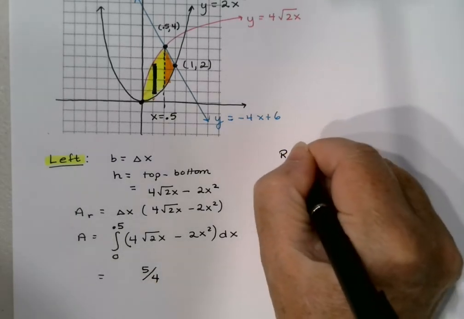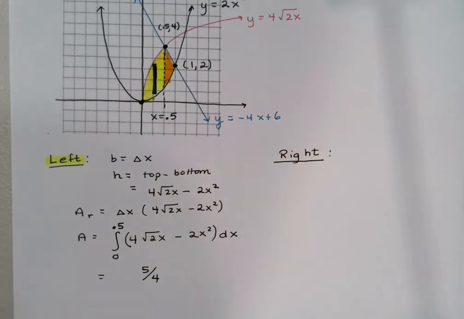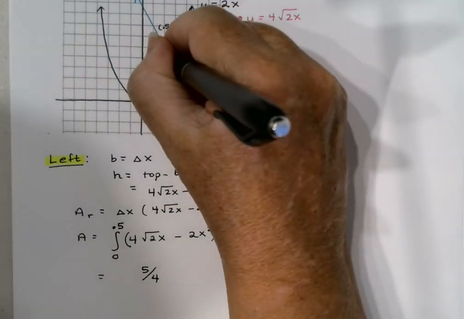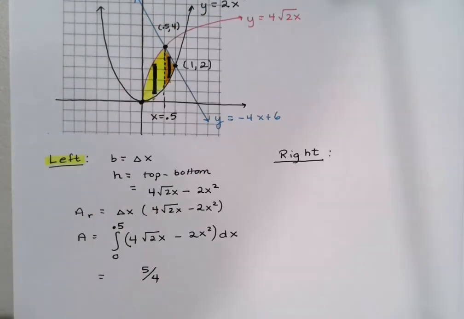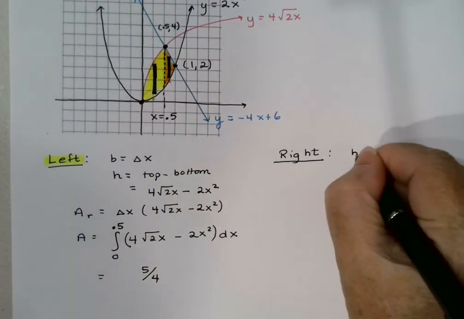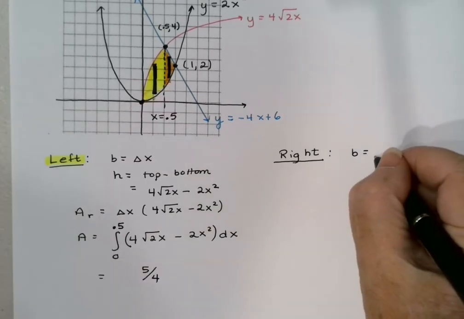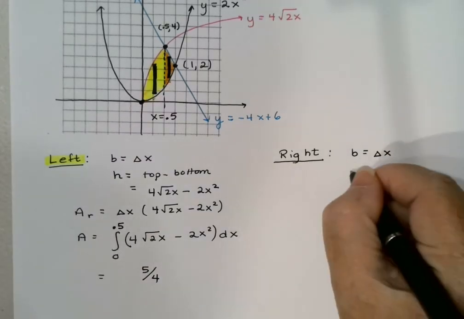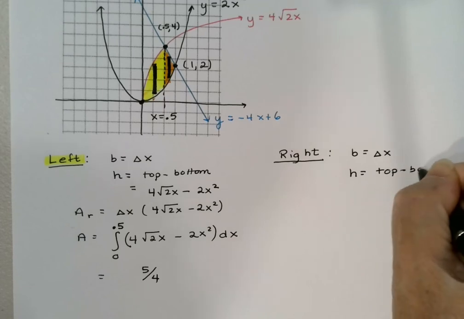Let's now do the one over on the right. I'm going to think about a little representative rectangle over here. And again, just to help me not clutter my diagram too badly, I'll label over here. My base is once again a little piece in the x direction, so delta x. And again, height for a vertical rectangle, always top minus bottom.